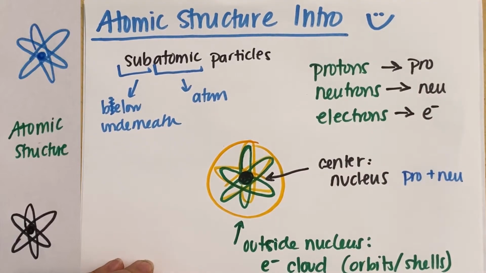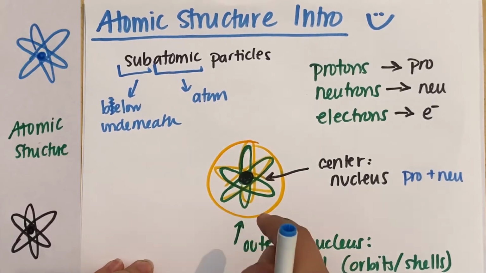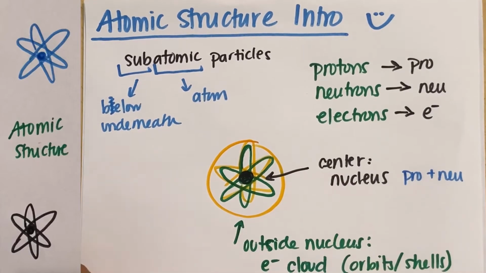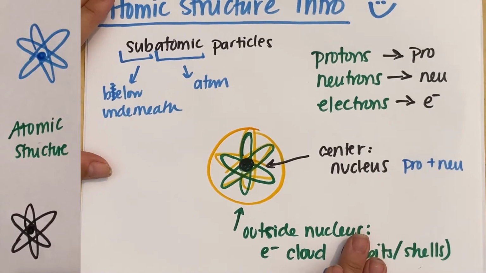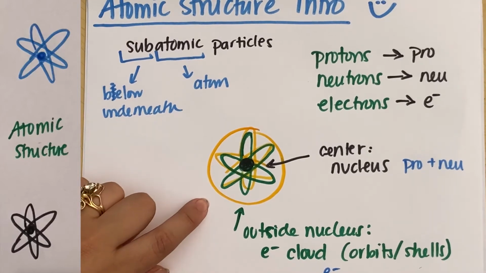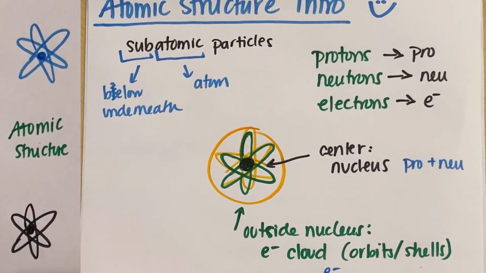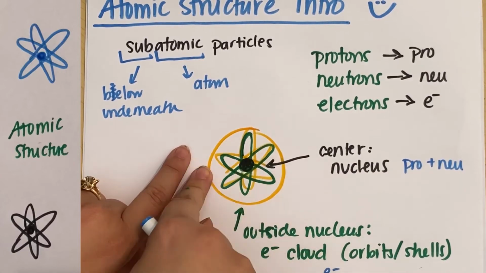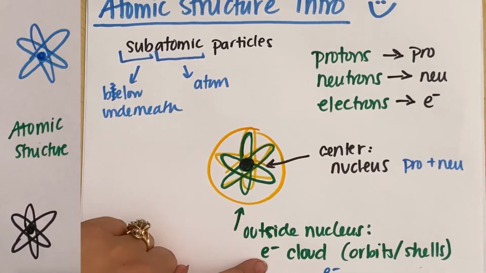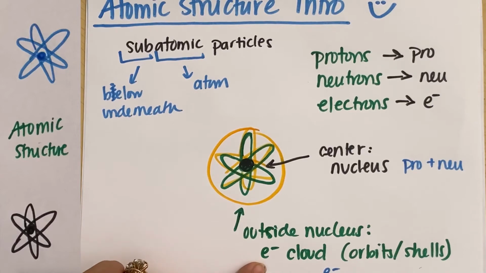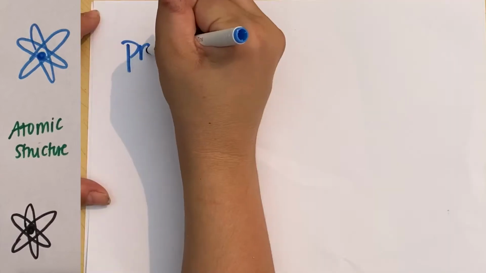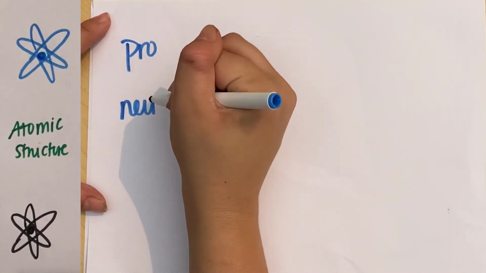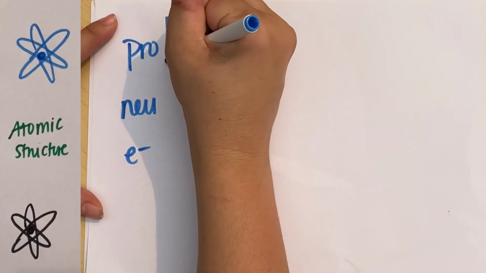Outside the nucleus is going to be that electron cloud. It's literally called the electron cloud because inside the electron cloud are electrons. Hopefully you can see that. So if not, center, nucleus, protons and neutrons. The outside has electrons zipping around it in the electron cloud. Electrons are on the outside.